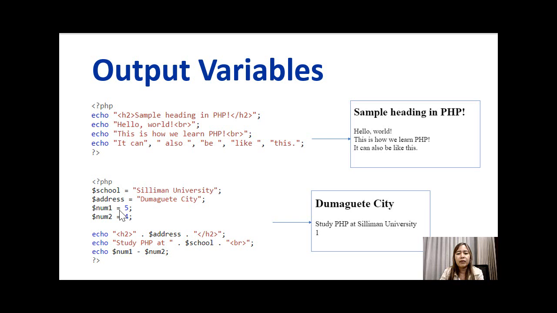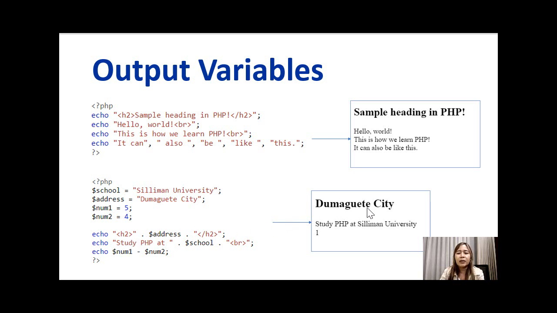Now you also have another example here. You have 4 variables. The first one is the school, and then the address, and then num1 and num2. In this case, you echo, and then you indicate your h2. This will not be displayed, but rather it will be interpreted like HTML code.